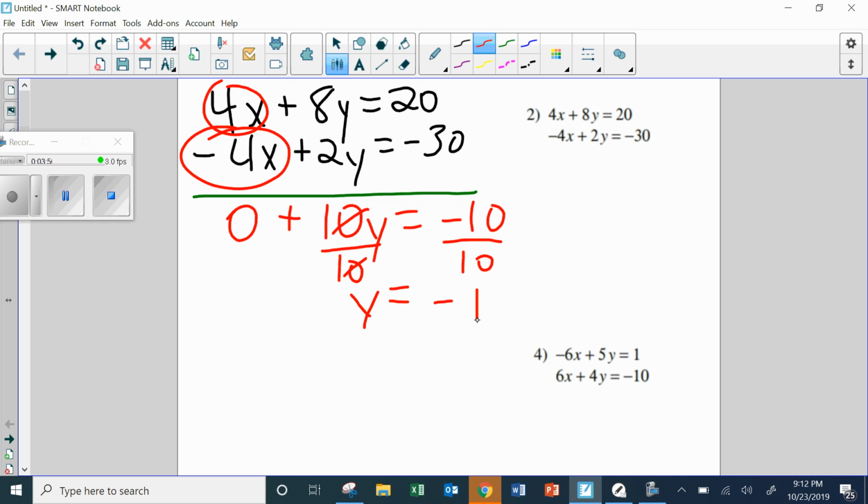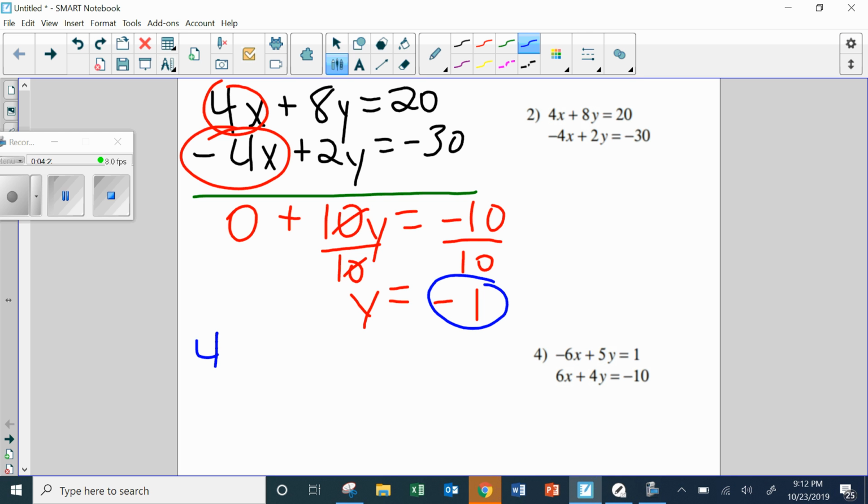I'm not done yet. We always have to solve for both variables. So next, I have to figure out, well, if y equals negative 1, what is x equal to? I can pick either equation to do this. I'm just going to pick the top equation. I'm not sure either one is much easier or harder than the other one. So if I know y is negative 1, in the top equation I'm just going to replace the y with negative 1, just like we did when we did substitution.